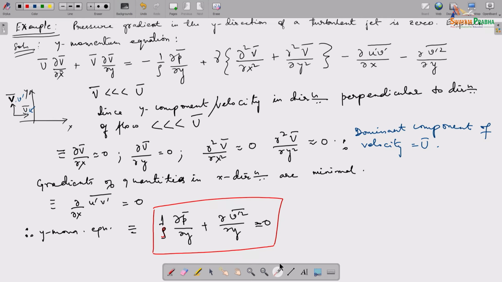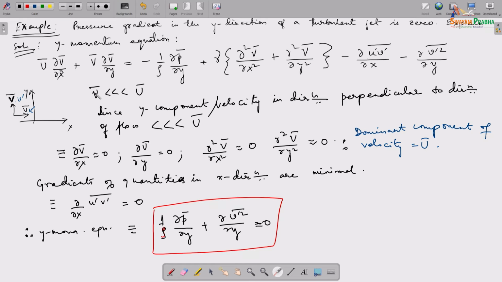Now, if you see here, essentially all these terms are removed from the equation, and only this and the last one remain, right. So on what basis are we removing this? Well, these terms here basically say the component of velocity which is most dominant is in the x direction, and the y component is therefore minimal compared to that.